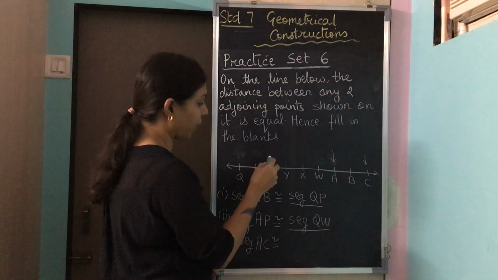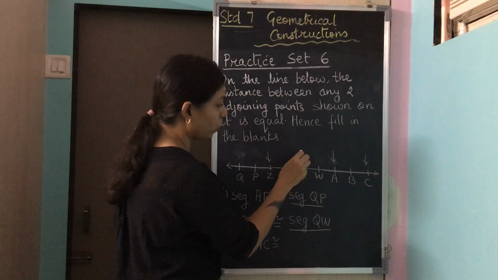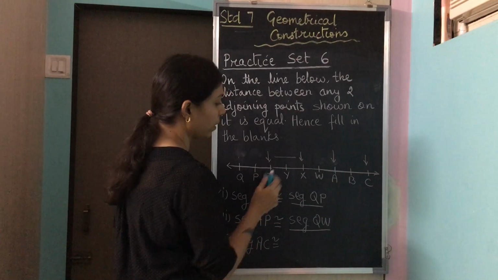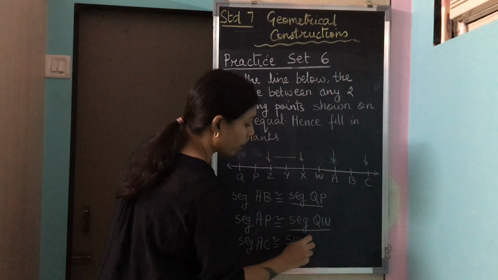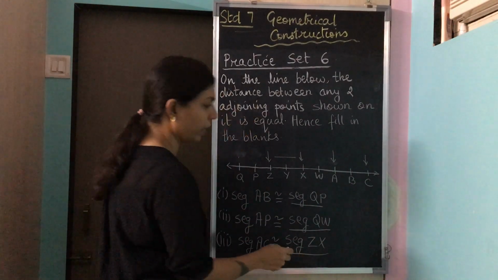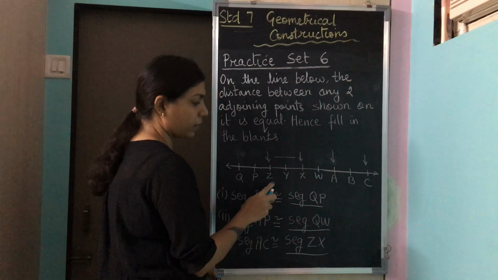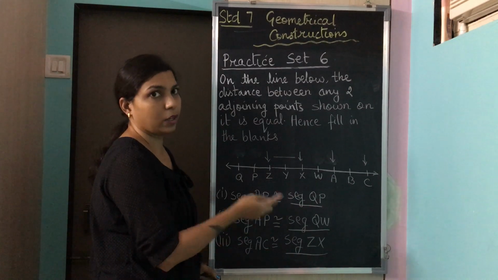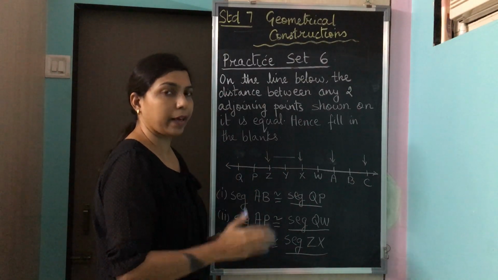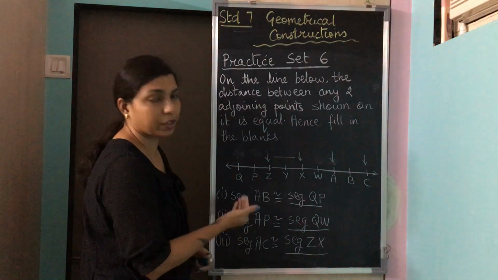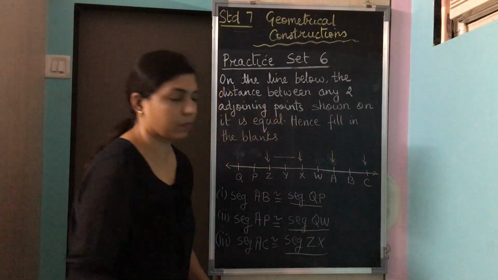So let me see, if I select from the point Z, 1 unit, 2 units over here. So I am selecting this much, ZX. Okay, so AC is of 2 units and ZX is also of 2 units. So this is how you can select any 2 points of your choice as per the units which is already given over here. Okay, so please copy this down.